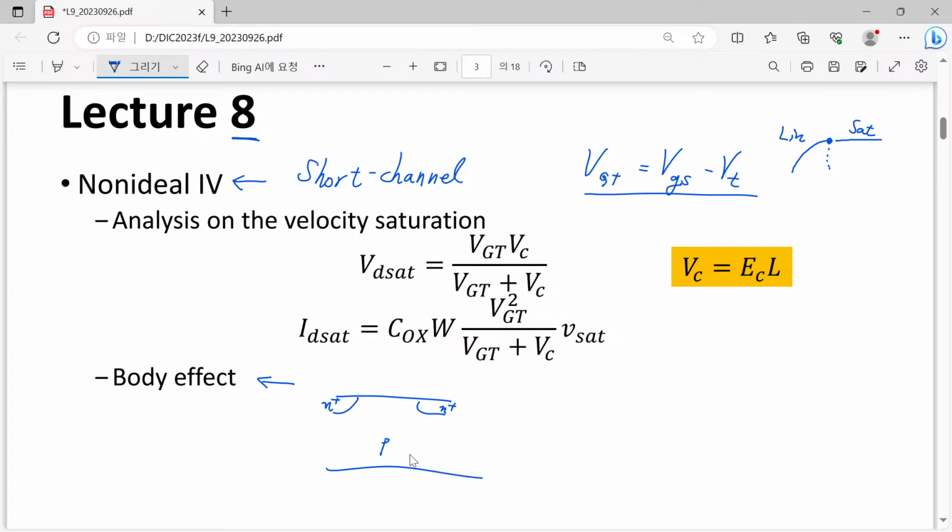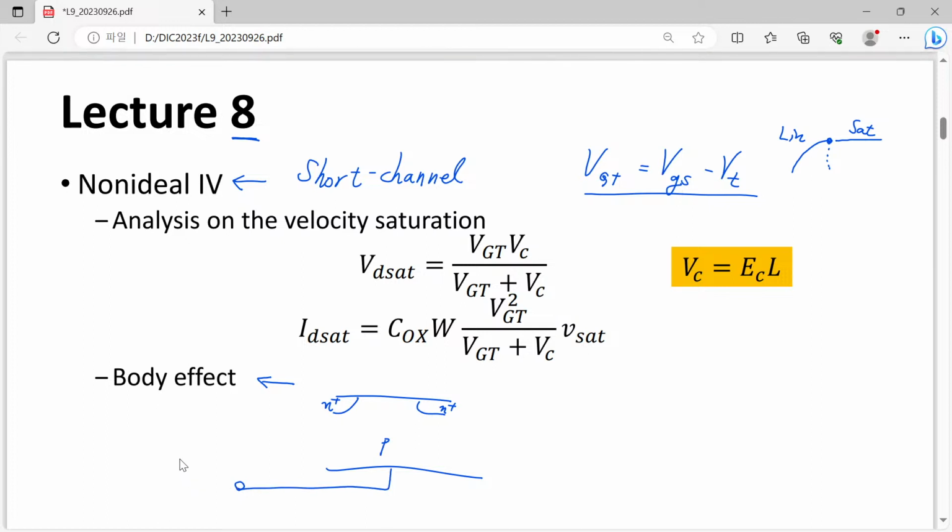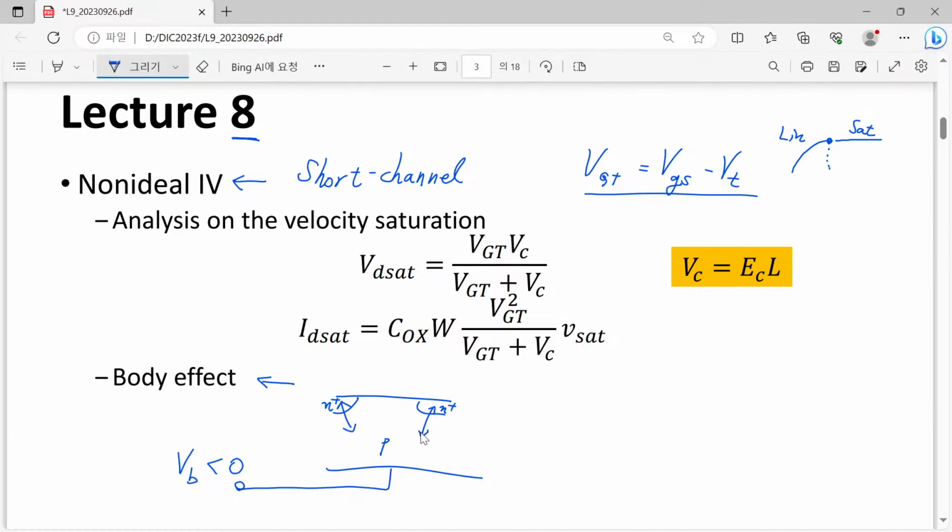If we apply a body voltage which is lower than 0, then this PN junction is placed in reverse bias, so no current is allowed through this junction.